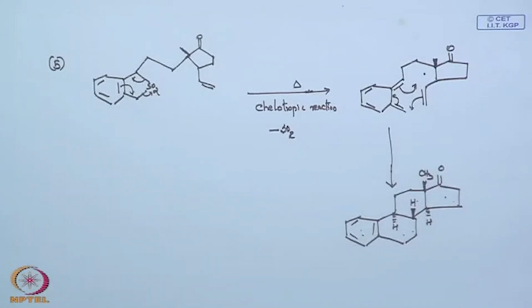See, like that, you can use your chelotropic reactions for making, because one should always keep in mind that if you have a chelotropic reaction, you can have extrusion, not only of sulfur dioxide or carbon monoxide. After extrusion, can I make a diene type of system based on which I can build up or construct molecules?